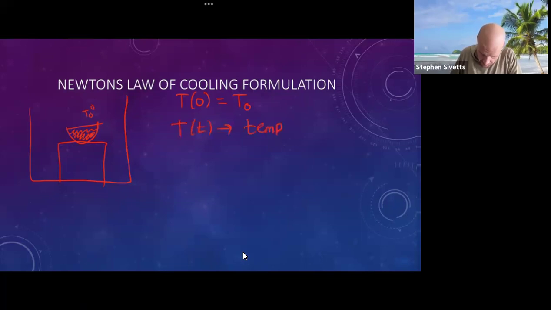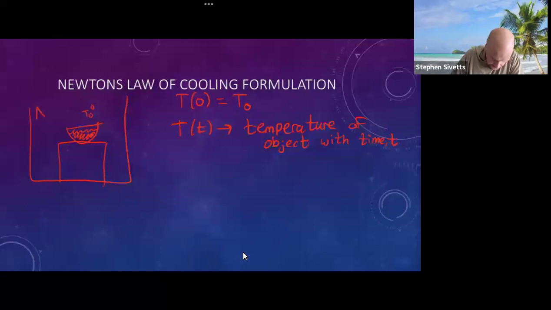So this represents the temperature of an object with time t. And we're also going to have the surrounding temperature, as they call it, the ambient temperature. So A degrees represents the ambient temperature.